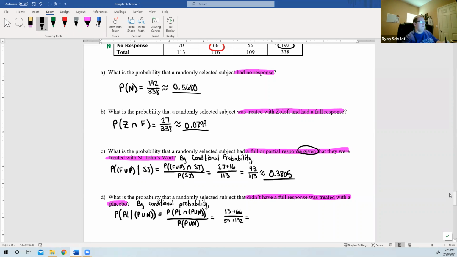Okay, well, 13 plus 66 would be 79. 55 plus 192 would be 248. Let me double check my math here. I did that in my head on the fly. Oh, 247. That's why I checked my math.